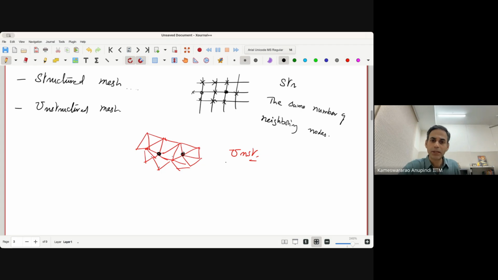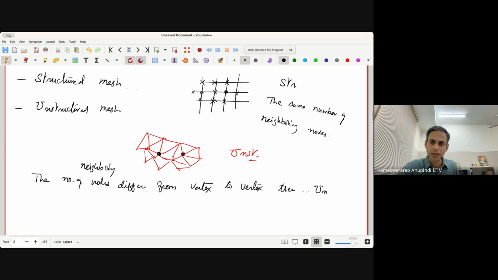So when the number of neighboring nodes differs from vertex to vertex, then we call it an unstructured mesh.